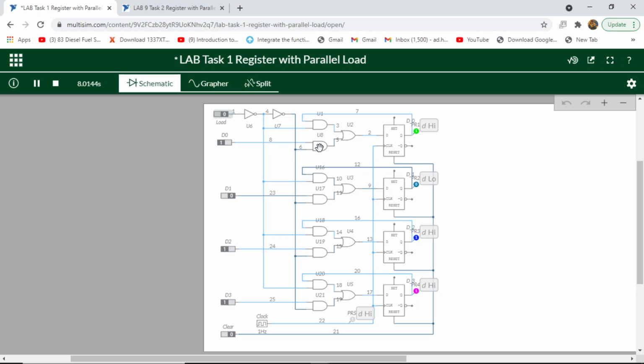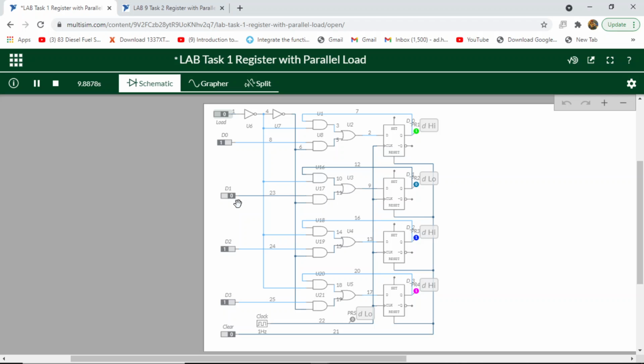So this is 0 and the load is 1 and there is the NOT operation. It becomes 1 here. So 1 and 0, as we can see from this blue line, there is 1 going to this OR operation and this is 0. So there is 1.